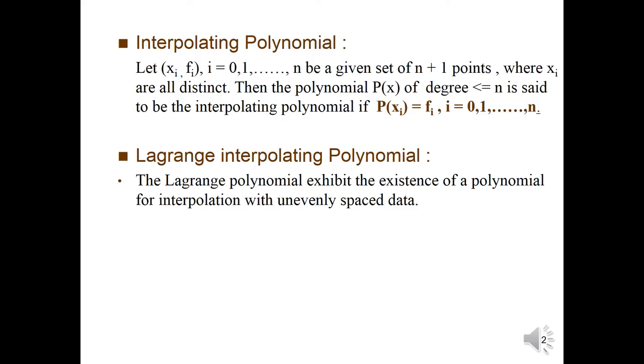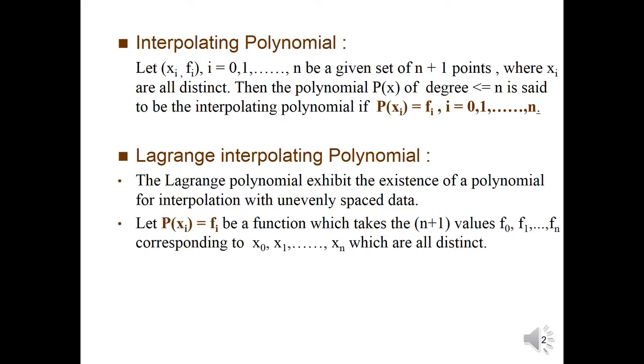We also apply Newton's divided interpolating polynomial, but here we are talking about the Lagrange interpolating polynomial only. So we are taking values of y or f as f0, f1 up to fn. Corresponding values are x0, x1 up to xn, and these are distinct points, and we say that the polynomial can be depicted by p(xi) equal to fi, and this is the function which takes n plus 1 values.